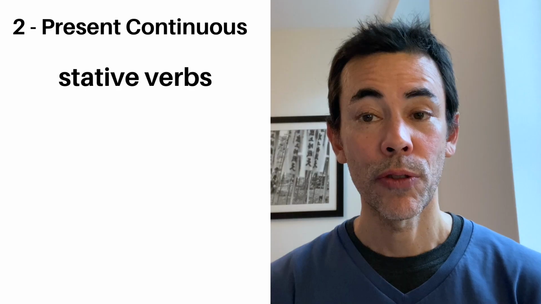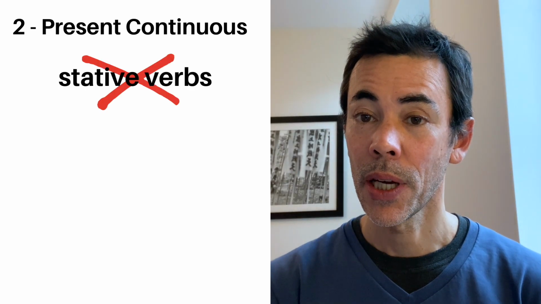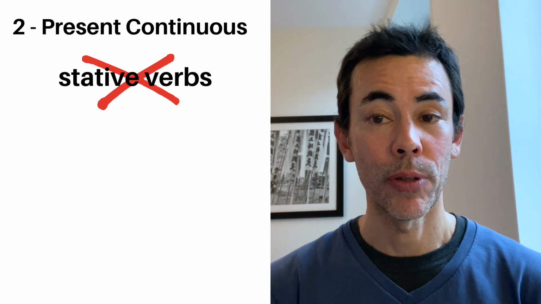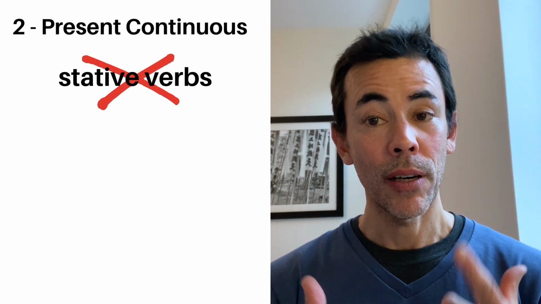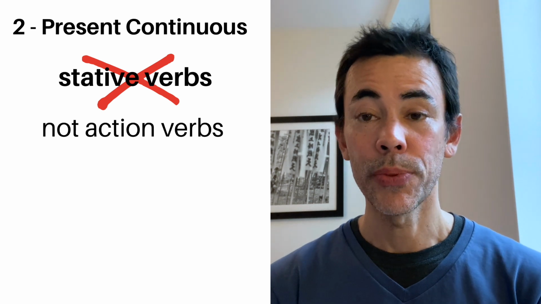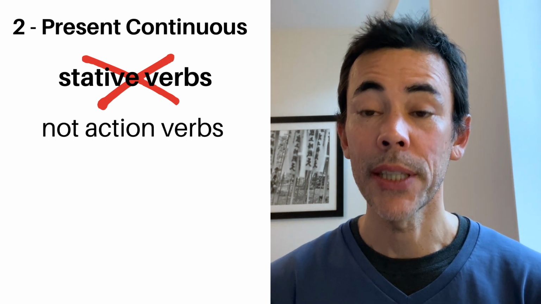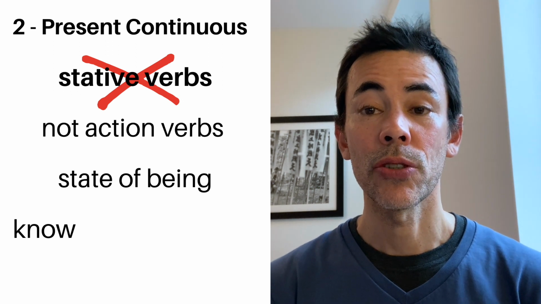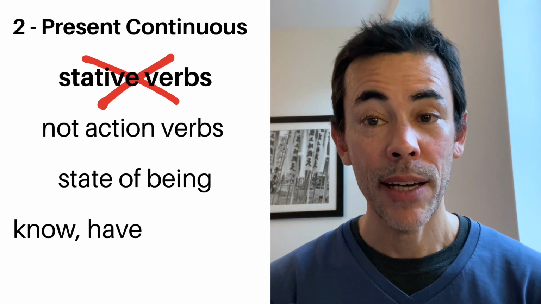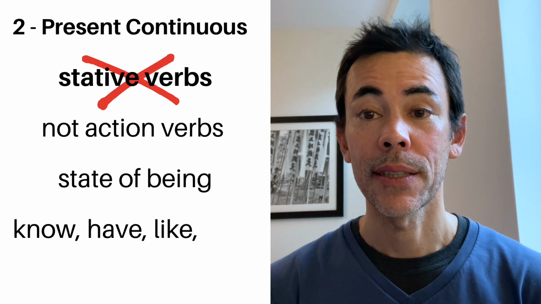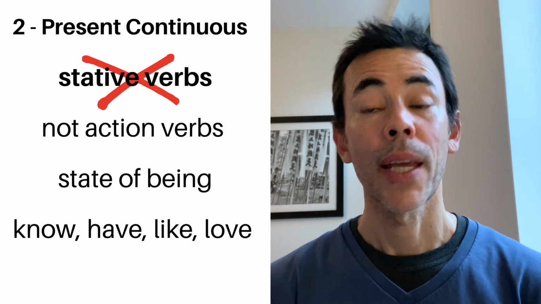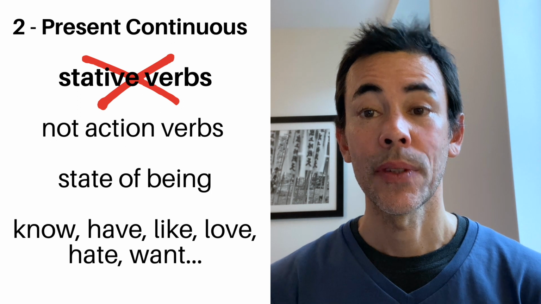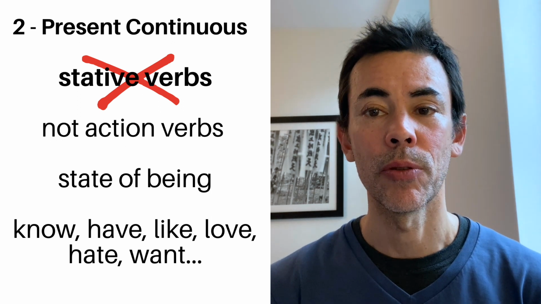Okay, now here's something we need to keep in mind. We don't use the present continuous for stative verbs, also known as state verbs. Now these are verbs that are not action verbs, they are verbs that describe a state of being. They're verbs such as know, have, like, love, hate, want, these kinds of verbs.